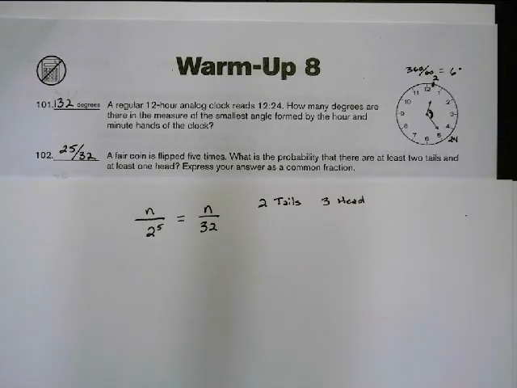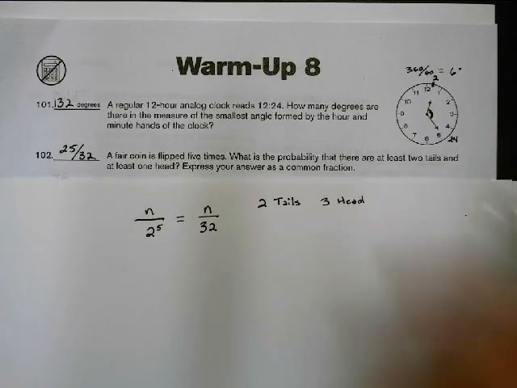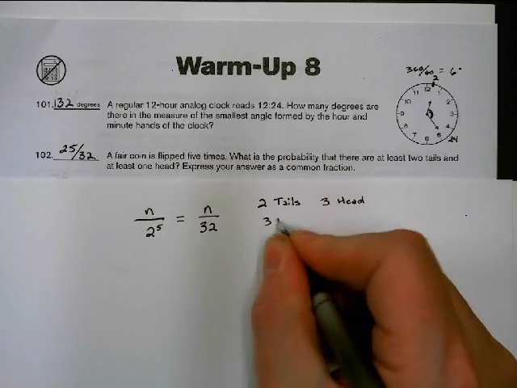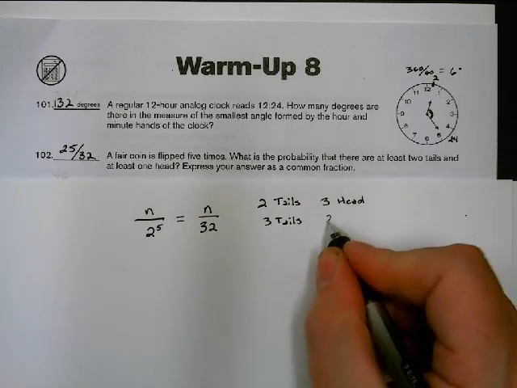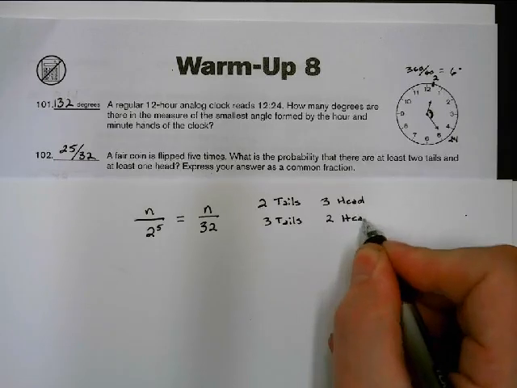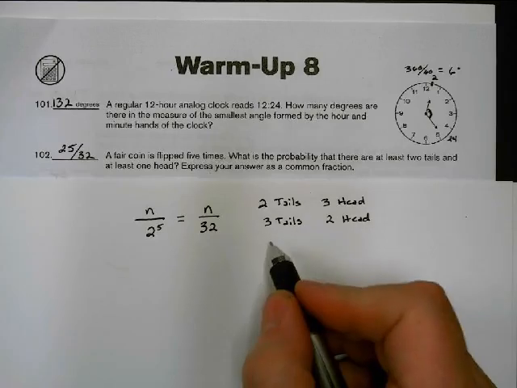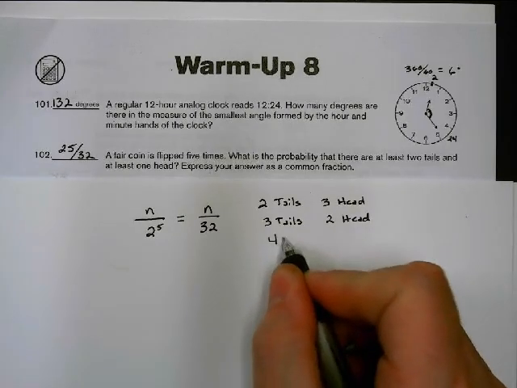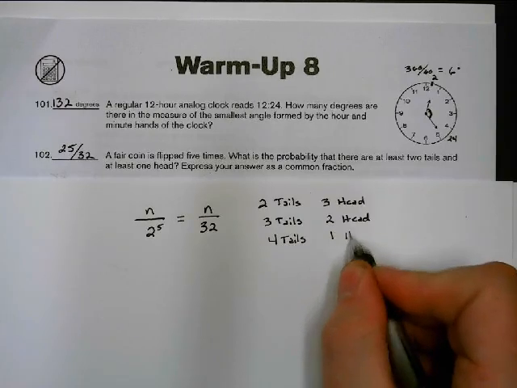So that's one case that would satisfy our probability here. We have at least 2 tails, and we have at least 1 head. Okay, we could also do 3 tails, and that would make 2 heads. And then we could have 4 tails and 1 head.